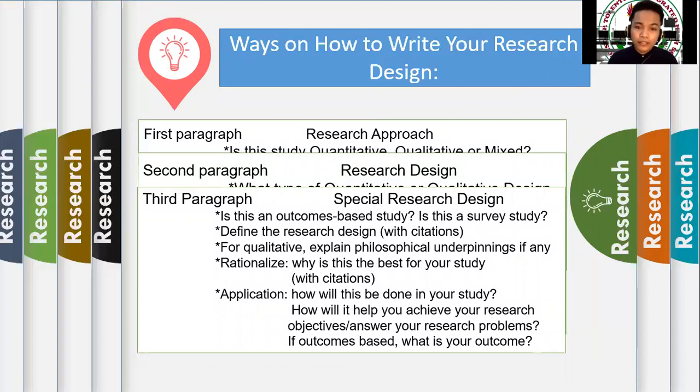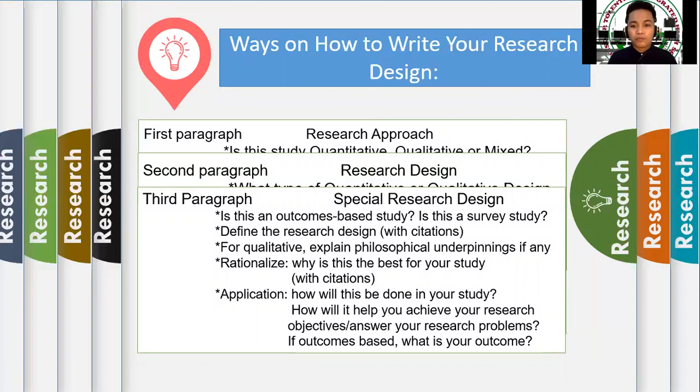Likewise, if it is quantitative, you really have to explain its philosophical underpinnings. And then, again, explain why you think it is the best for your study. And then you really have to answer your research question using these things. And if it is outcome-based, what will be your outcome?